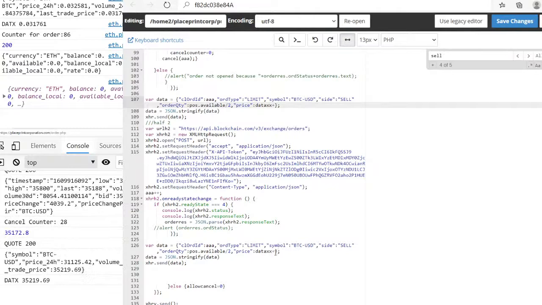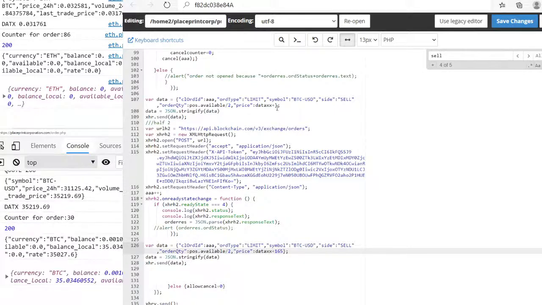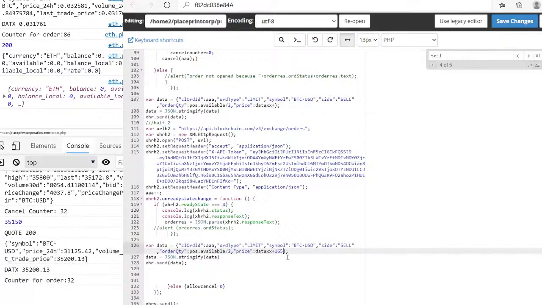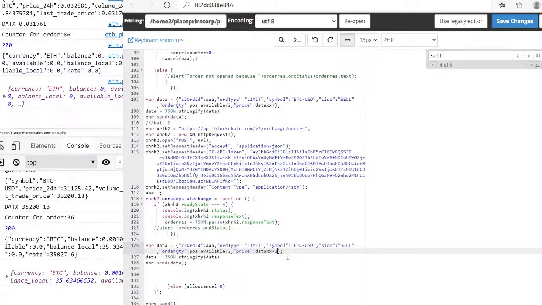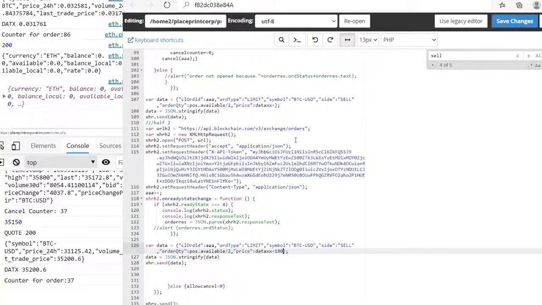Okay, yeah, this was the way. Okay, price, we were doing 165, right? We'll still do that. But we could actually do this. Let's go a little bit further. Let's go 180. Okay, just why not?